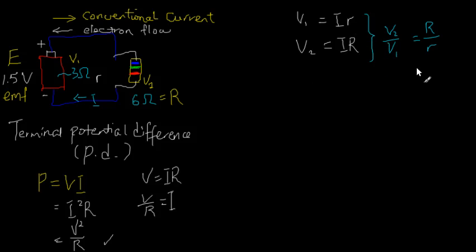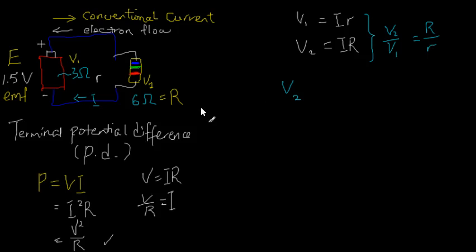Now this allows me to calculate V2, because if the EMF is divided according to the ratio of the resistors, then we know how to calculate, say, V2. V2 and V1 are in this ratio, big R to small r.